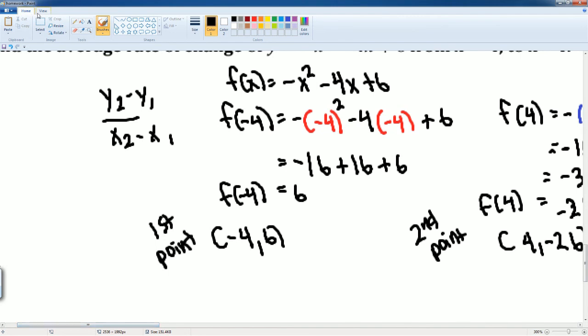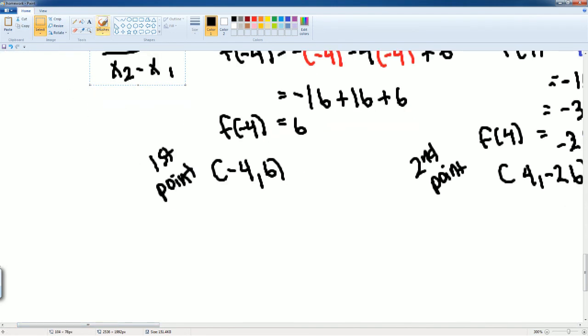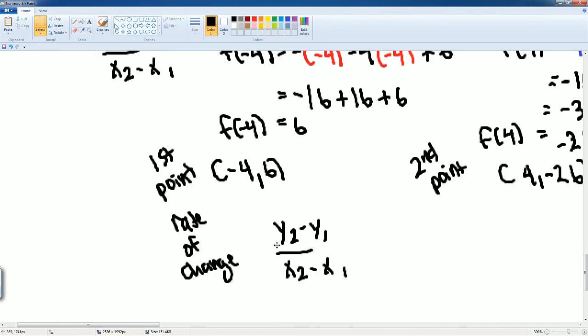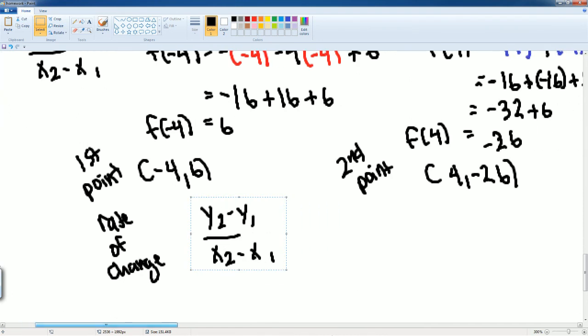Our life is easier because it is like before. Here is our equation for the rate of change. All right. So now let me just make that substitution.